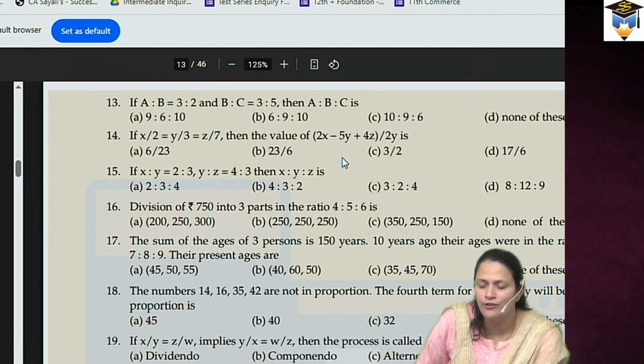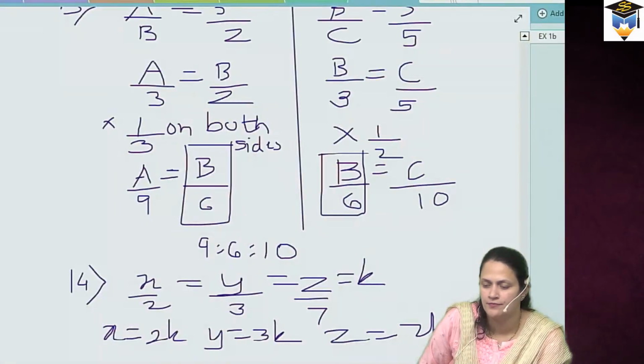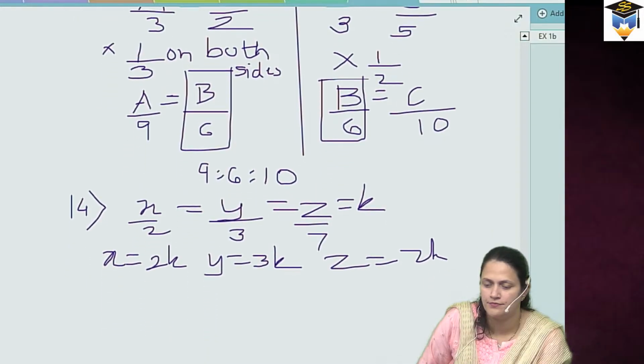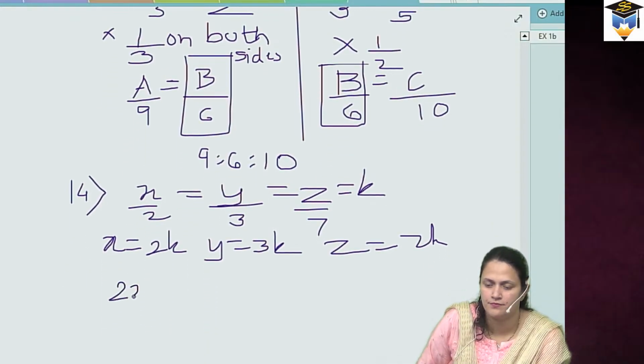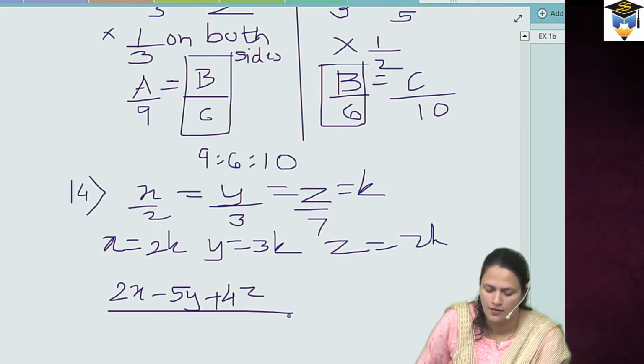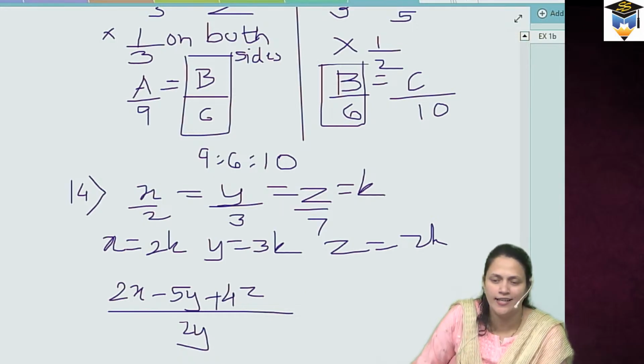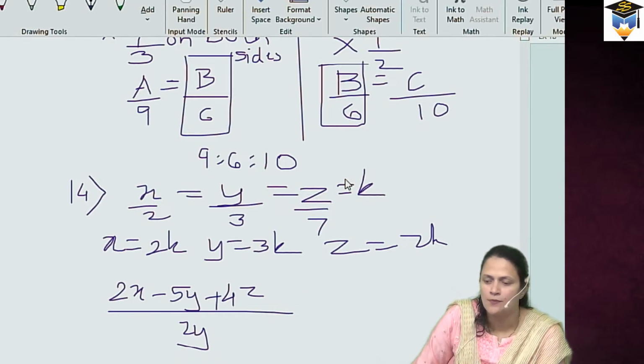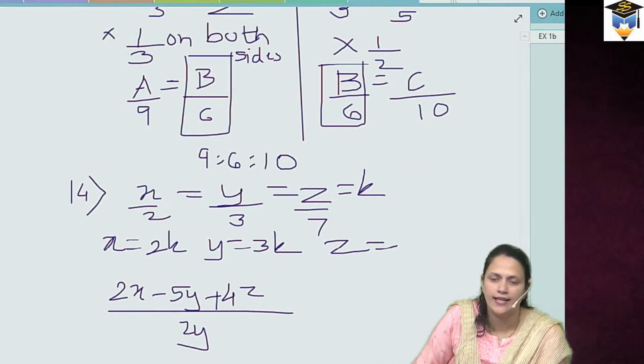Now we have to find out the value of 2x minus 5y plus 4z upon 2y. So substitute the values of x, y, z and tell me the answer.